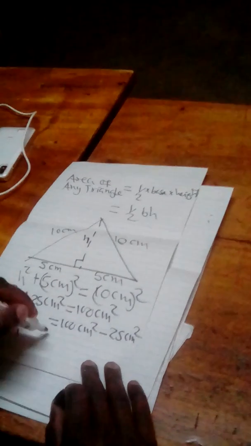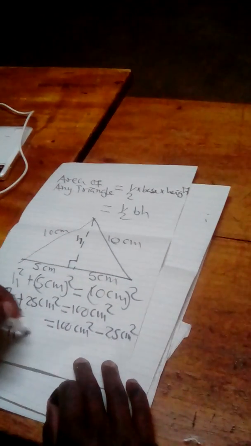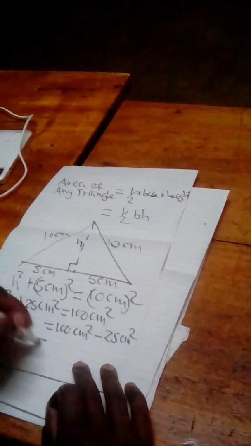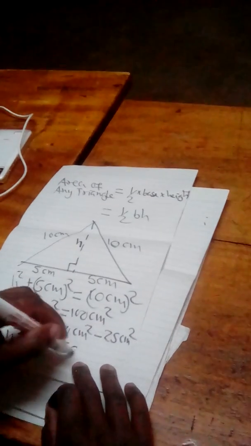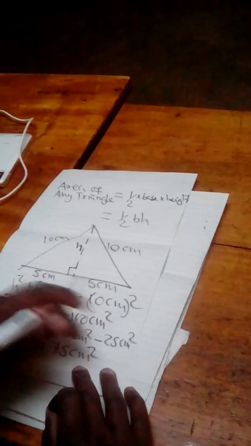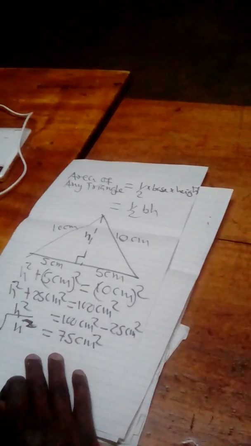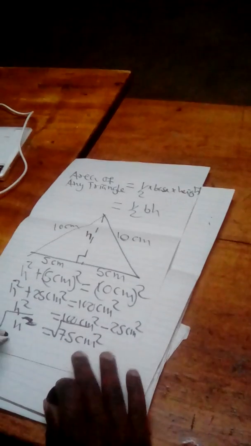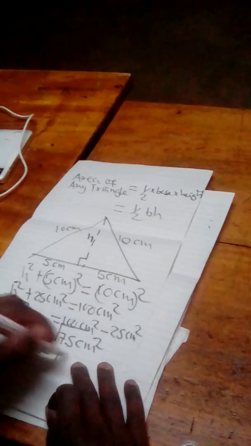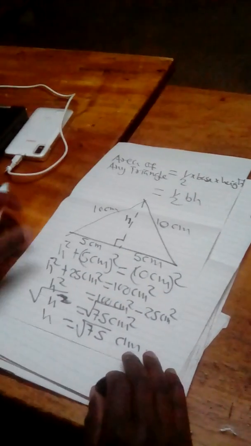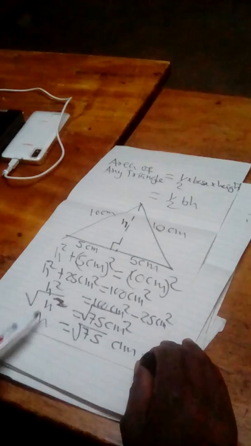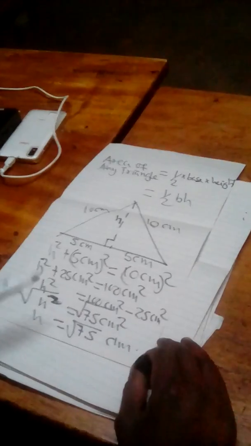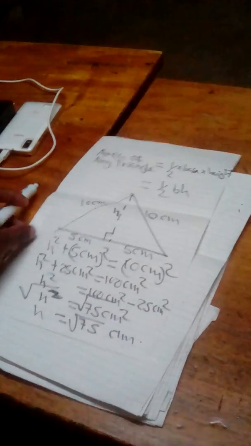So h squared is going to be equal to 75 centimeters squared. So if we take the square root of both sides, we'll end up getting h equals square root of 75 centimeters. Now, we have the height and we have the base.